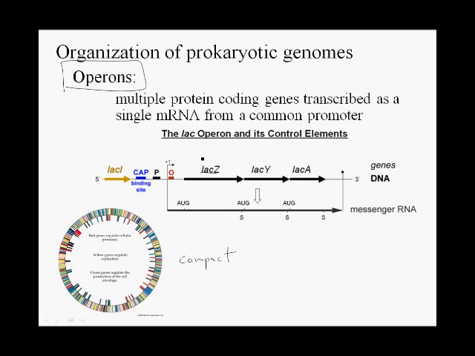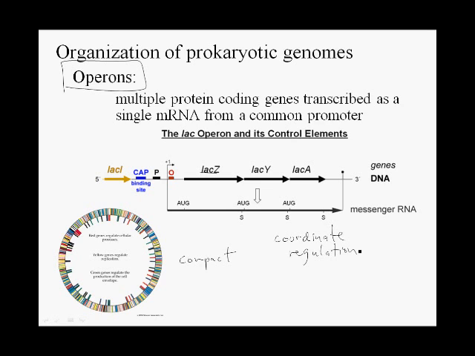The only time the cell actually needs to make these proteins is when there's lactose around. If there's no lactose around, the cell doesn't need to make these proteins. So it would make sense for the cell to be able to regulate these genes coordinately. This is called coordinate regulation. So functionally related genes, the cell will turn them on and turn them off together.